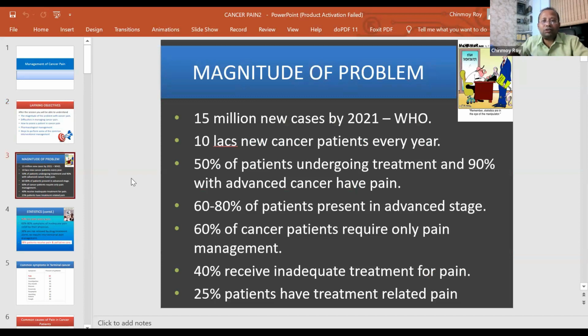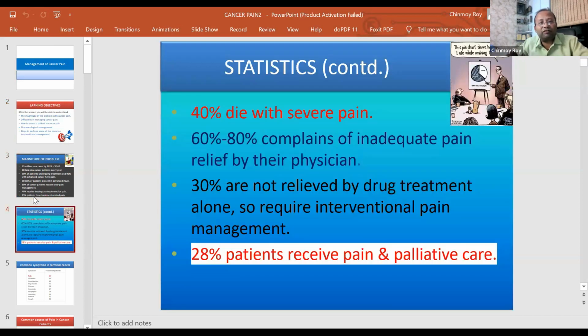Here, magnitude of the problem. You can read this from the books. A lot of patients have cancer, and in India, in my country also, only 28% of patients receive pain and palliative care. Here also very few people get pain and palliative care treatment.